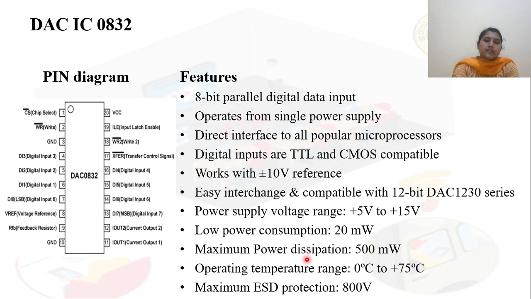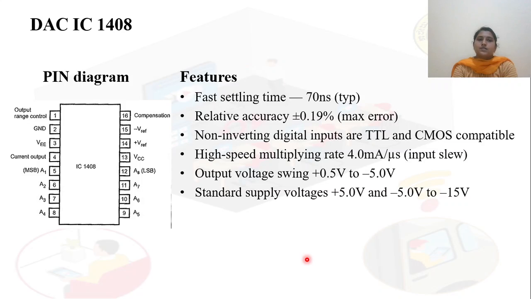The next one is DAC IC 1408. This is also a 16-pin IC. In this IC, A1, A2, A3, A4, A5, A6, A7, A8 are the digital inputs. A1 is the MSB and A8 is the LSB. Pin number 13 is used for providing the VCC to the chip.